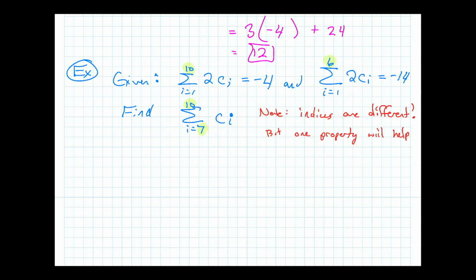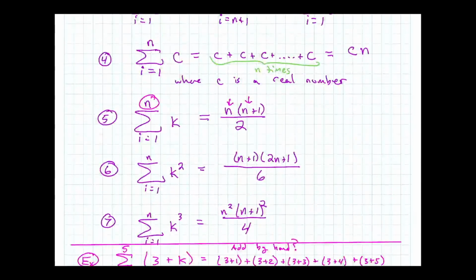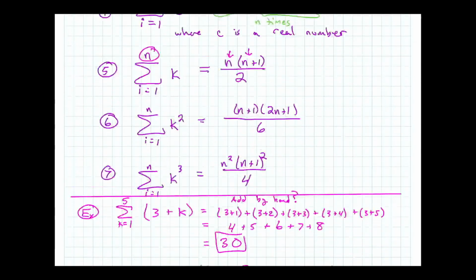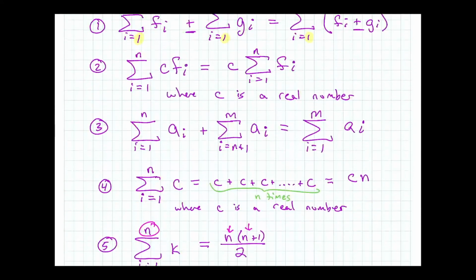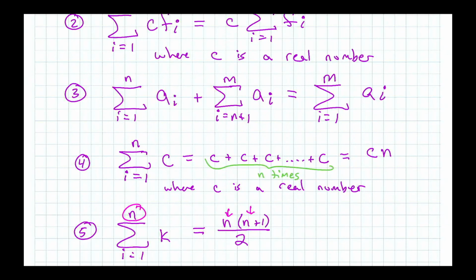So let's scroll up and look for the property that will help us do this problem. It's going to be this one, number 3. This one's a little bit tricky. It's 1 to n, and then n plus 1 to m, and then the final result is 1 to m.